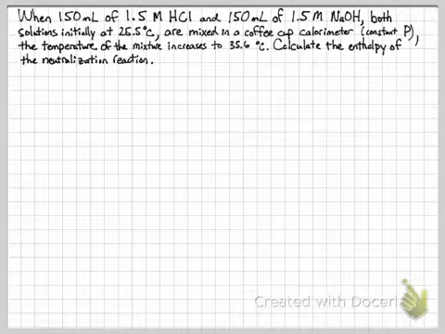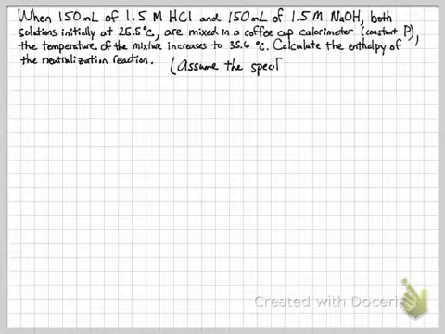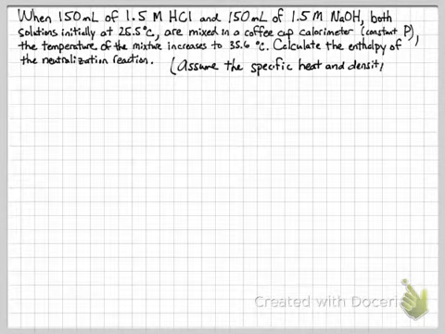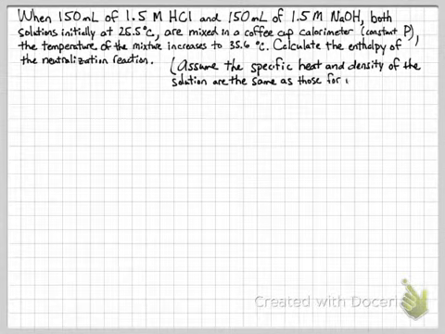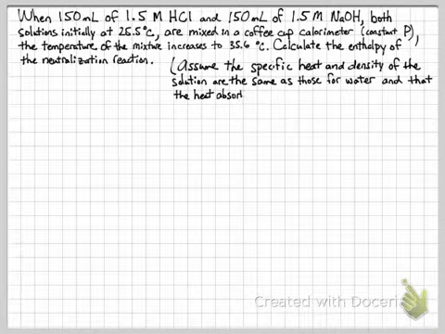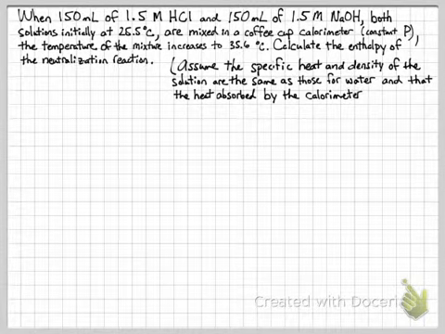And there are a couple assumptions that go into this problem. First, and you should do this if it's not specifically noted, assume the specific heat and density of the solution, in other words the NaOH and HCl mixture, are the same as those for pure water, and that the heat absorbed by the calorimeter is negligible.